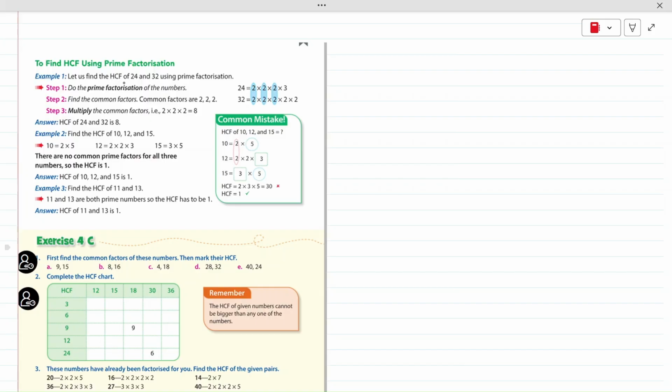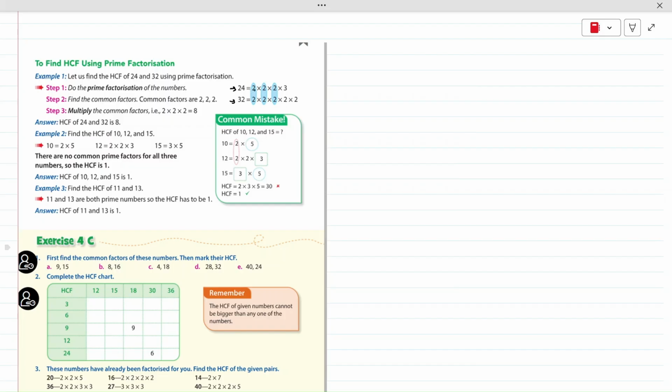Let us find the HCF of the numbers 24 and 32 using prime factorization. Using prime factorization of 24, we get 2 into 2 into 2 into 3, and for 32 it is this. Now find the common factors. The numbers highlighted here in blue are the common factors.